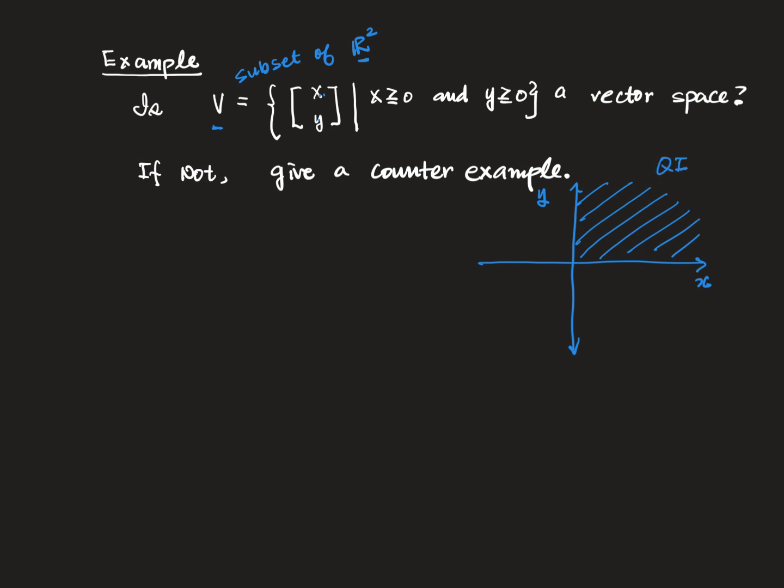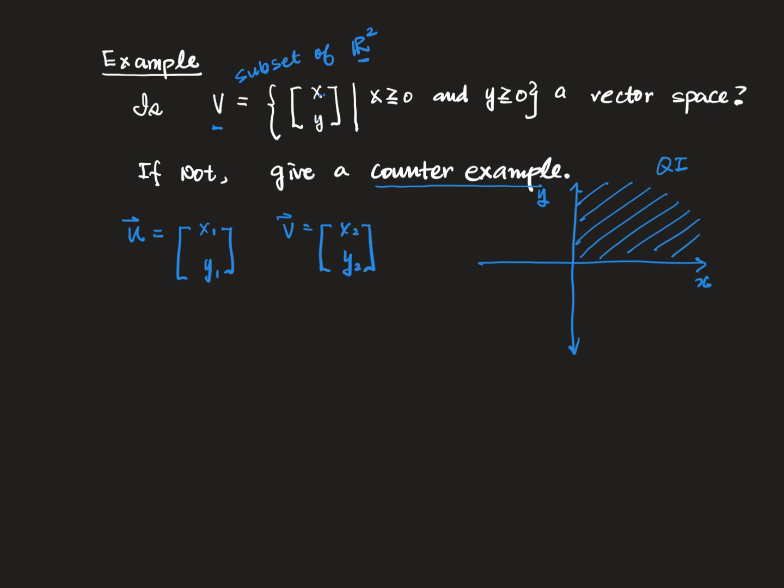To show it is a vector space you have to prove all 10 axioms, but to show it is not, you can give a counterexample. You give an example where it doesn't work, okay? So let's start with this one first, guys. Before we do it, first you have to define addition. So let's put two vectors first. Vector u is (x1, y1). Vector v is (x2, y2).